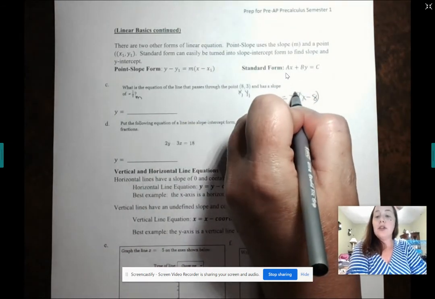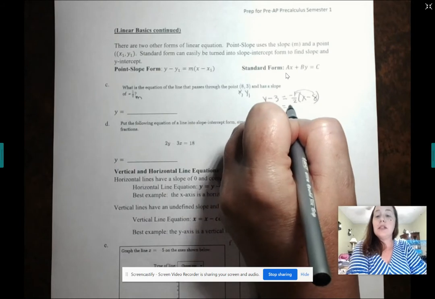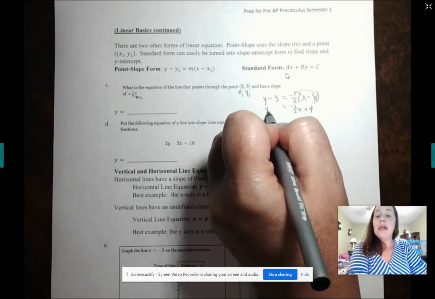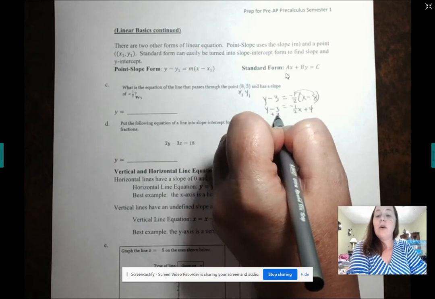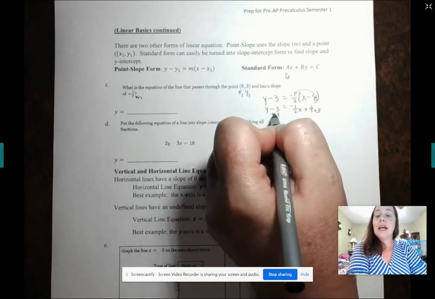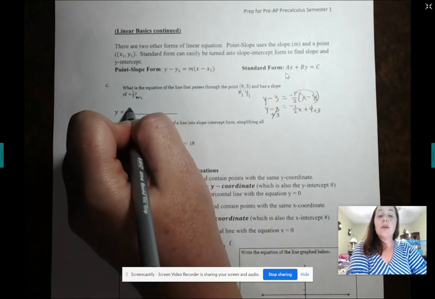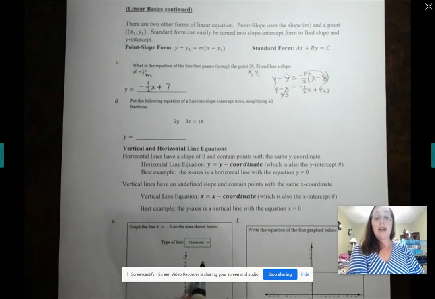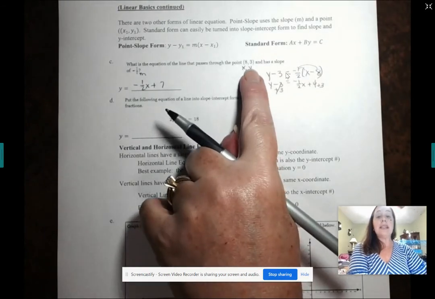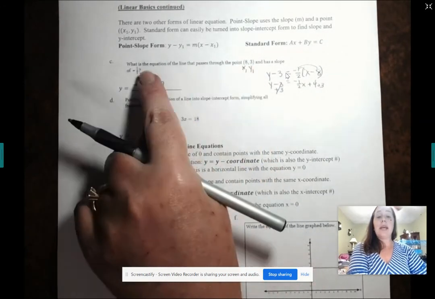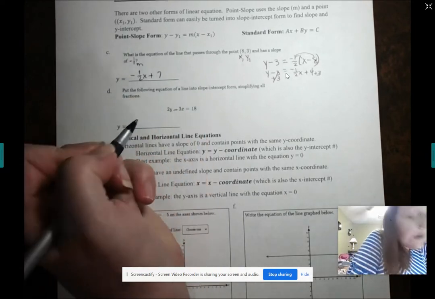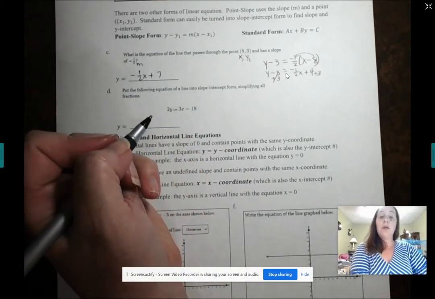And so I will turn this into slope-intercept form by distributing the -1/2 and then moving the y1 value over by changing the sign. So I end up with y equals -1/2 x plus 7. And now I have that in a graphable form, although it is completely graphable starting at that point and counting that slope.